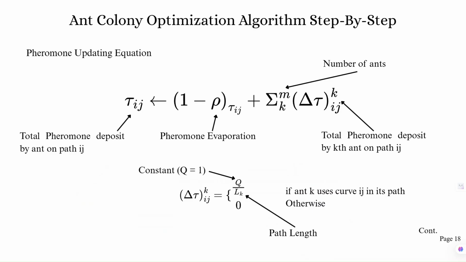This is the expression for the pheromone updating equation. Tau ij is the total pheromone deposited by the ants moving on a path from i to j, and delta tau is the total pheromone deposited by k, that is, n number of ants on a path ij, which is, if ant k uses the arc i to j, then it will be Q by Lk, where Q remains constant, 1 by length, otherwise 0.